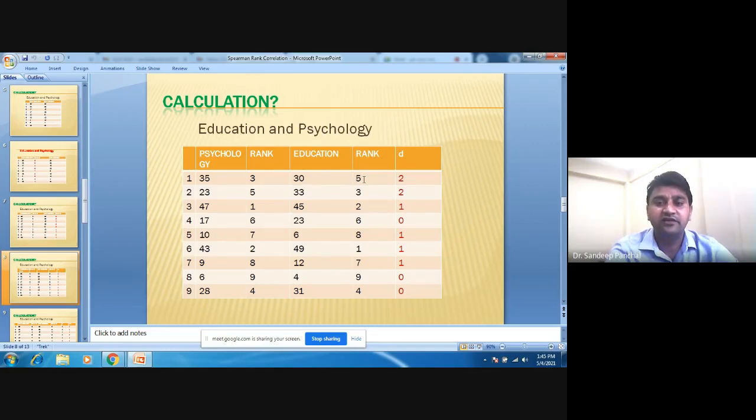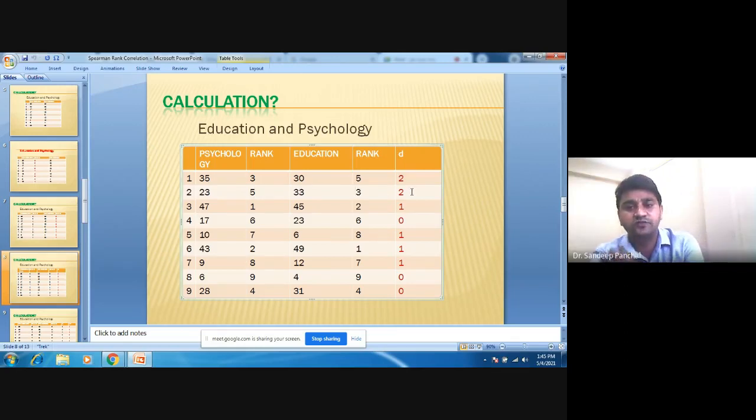You can subtract, 5 minus 3 will be 2. In the same way, 5 minus 3 will be 2. There is no matter of sign here.